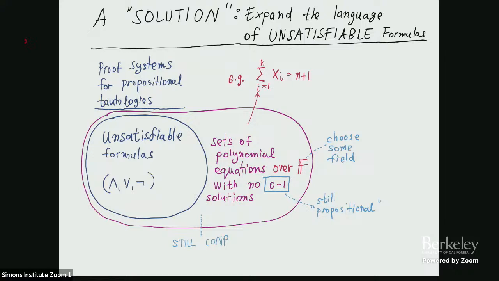We expand it a bit to include also sets of polynomial equations over some fixed finite field with no 0-1 solutions. It's important that there are no 0-1 solutions, so it's still propositional. An example is just a linear unsatisfiable equation over a large enough field.